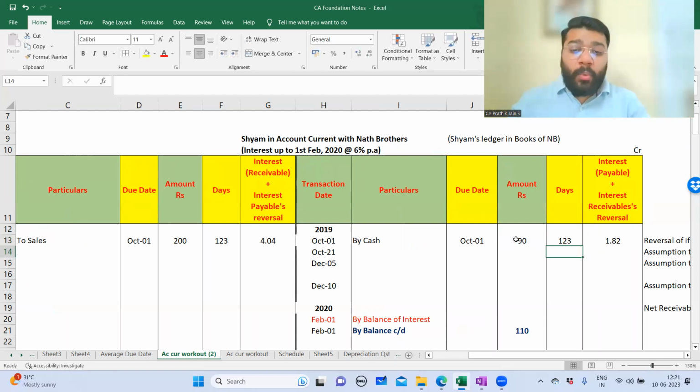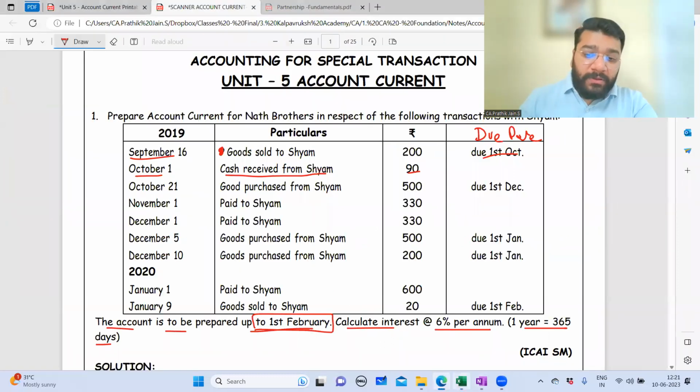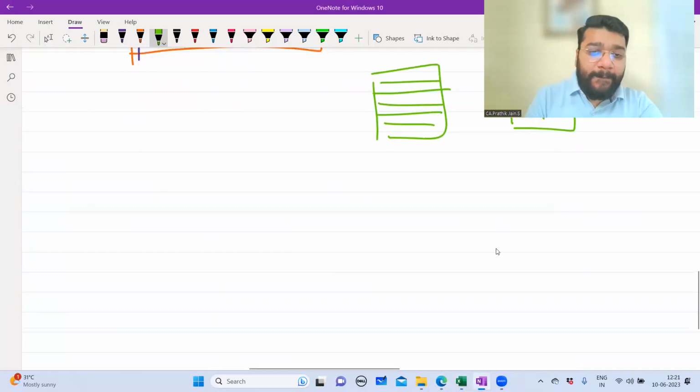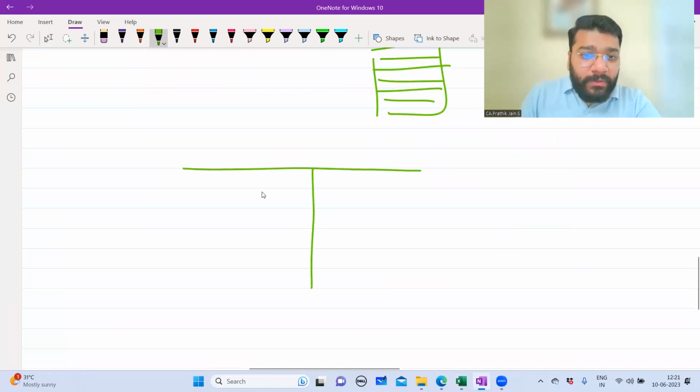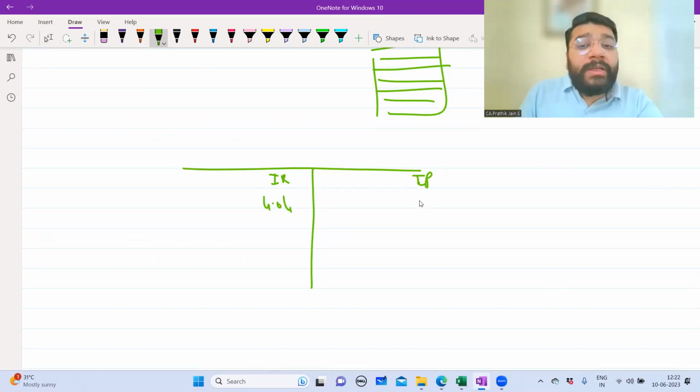Now, please understand what this means. Guys, you are saying that interest receivable is this, interest payable is this. How much was interest receivable? 4.04. What is interest receivable reversed? This is interest receivable reversed.